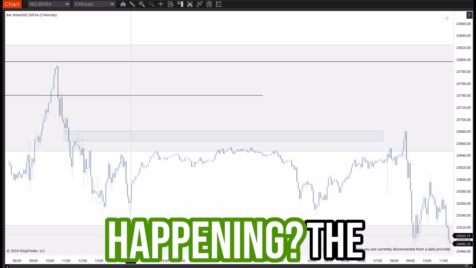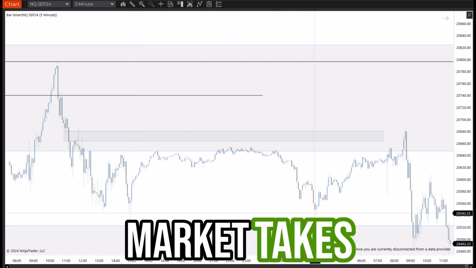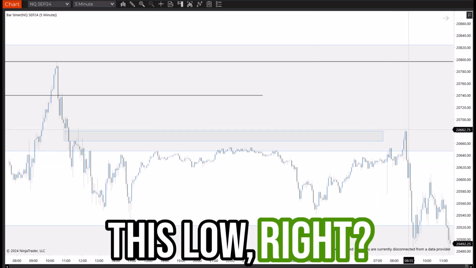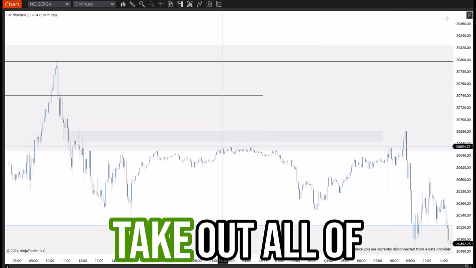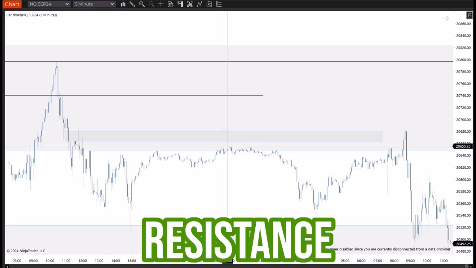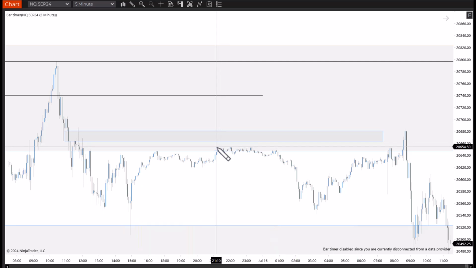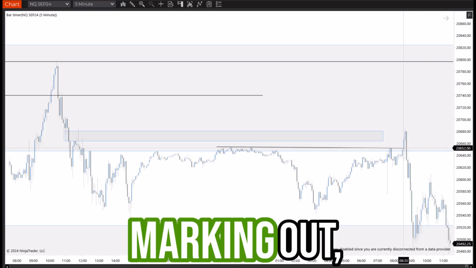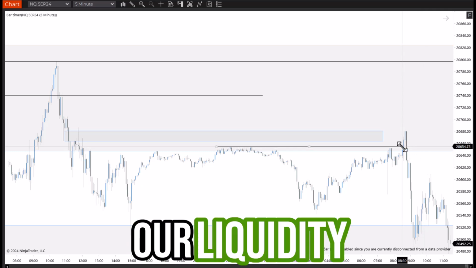The market takes out this low. It does not come back to this low before going to take out all of this low resistance liquidity over here. So these are our liquidity pools that we're marking off, our liquidity pools right here.